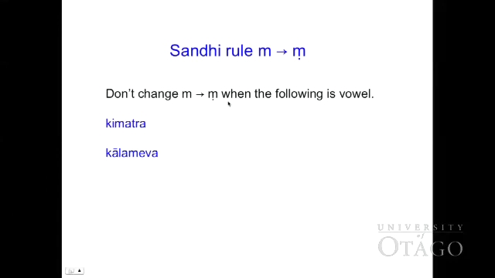Don't change M to M dot when the following word begins with a vowel, and put it together as one word. Kim plus atra will be Kimmatra. Karam plus eva will be Karameva. No change, and put it into one word.